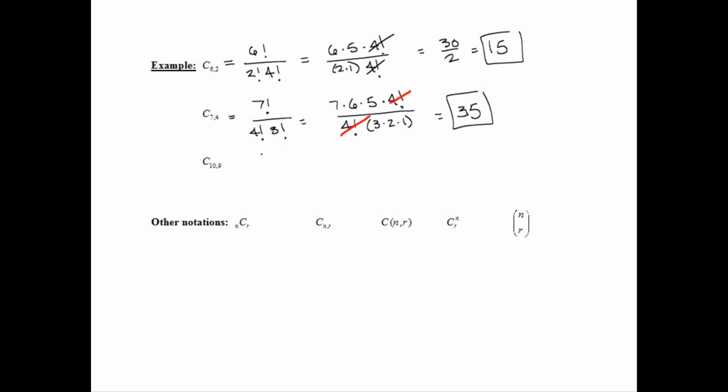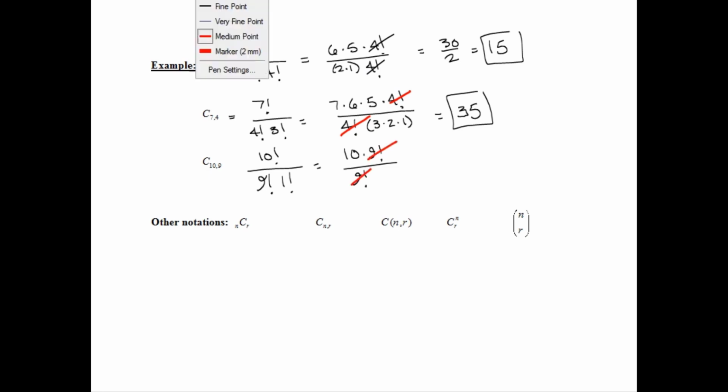Combination 10, 9. We would do 10 factorial. Down here we'll have 9 factorial and then 10 minus 9, which is 1 factorial. So notice here we've got 10. If I break that 10 into 10 times 9 factorial, down here I've got 9 factorial. And so now we end up just with 10, which might seem kind of surprising until you think about it.